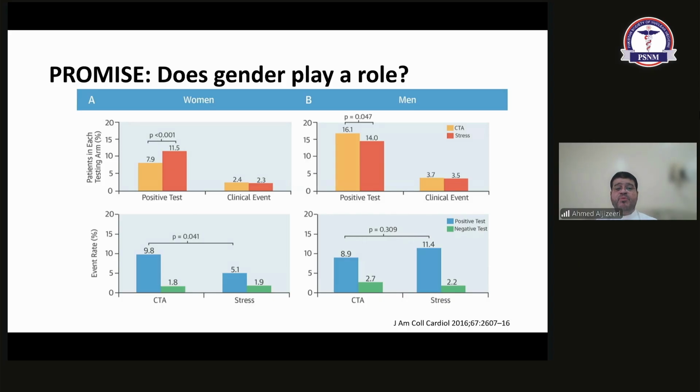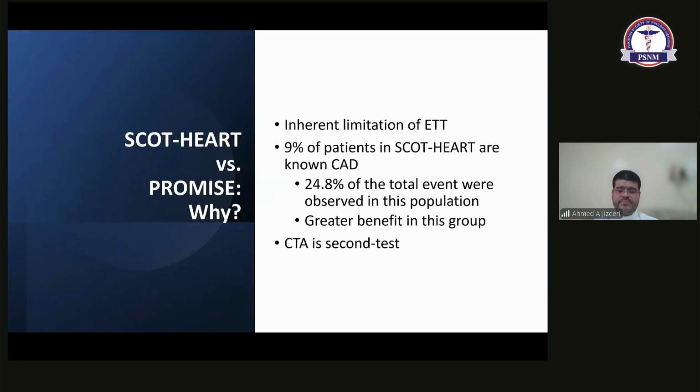This tells us probably that women have more endothelial dysfunction compared to men, and obstructive coronary artery disease detected by CT is probably a very advanced phenotype in women, and that's why they have much higher outcome there. So why is the difference?